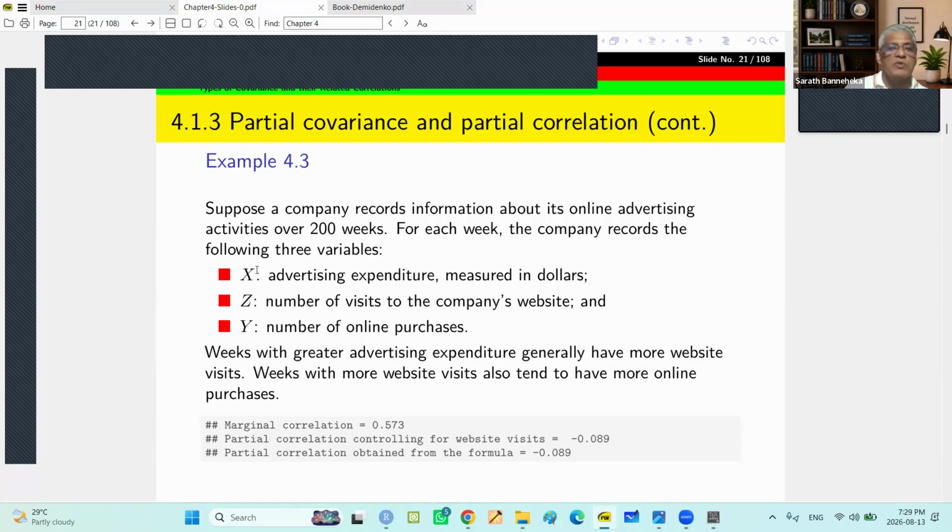Suppose the marginal correlation between x and y is equal to 0.57, approximately 0.6, and the partial correlation after controlling for website visits is almost zero, right? Let's look at the data and see how this kind of thing can happen, and also what is the role of variable z in this case.